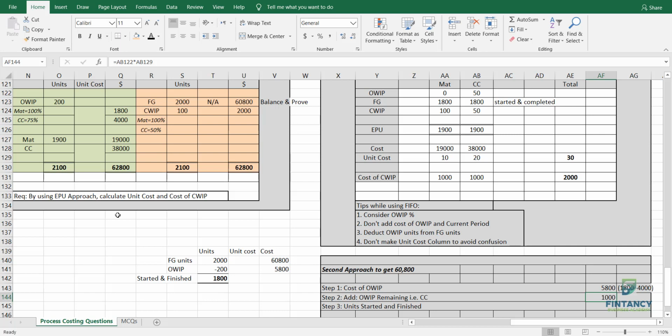Okay. Second question, examiner will ask you, how much is the cost incurred on opening units during the month? Again, how much is the cost incurred on opening units during the month? So the answer is how much? 1,000, because this is the extra effort I have done on opening units.